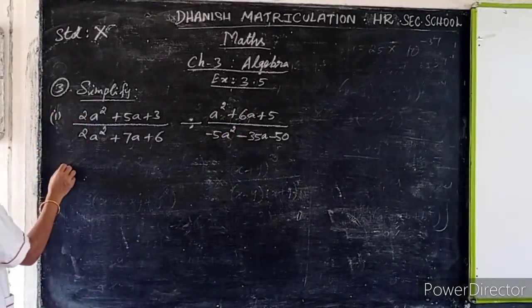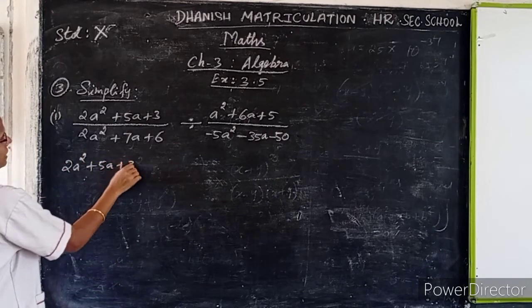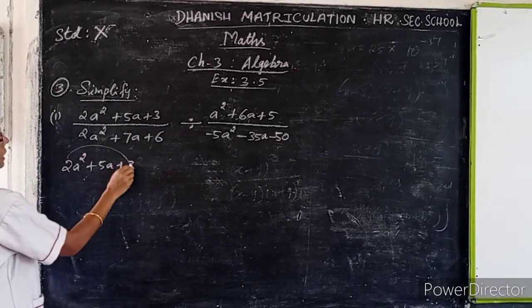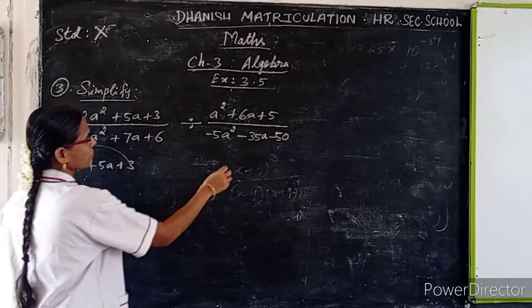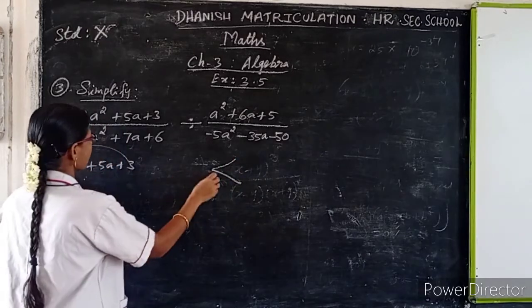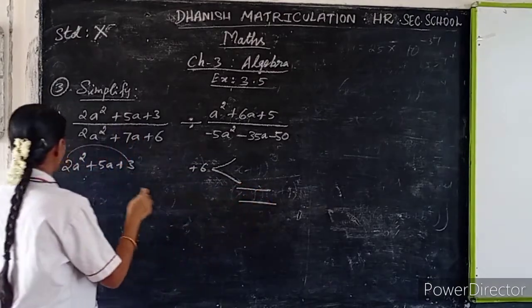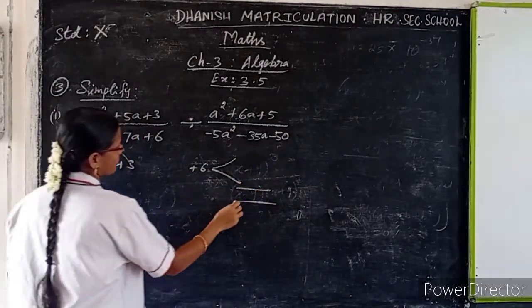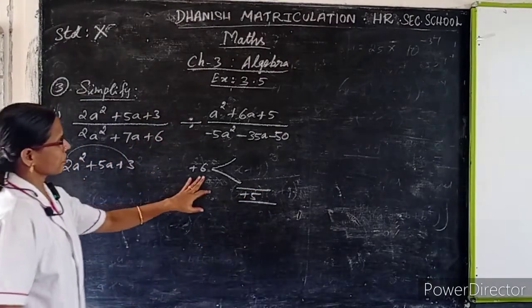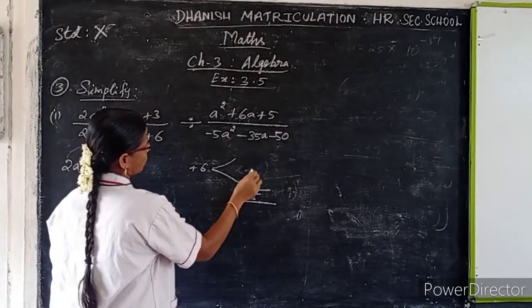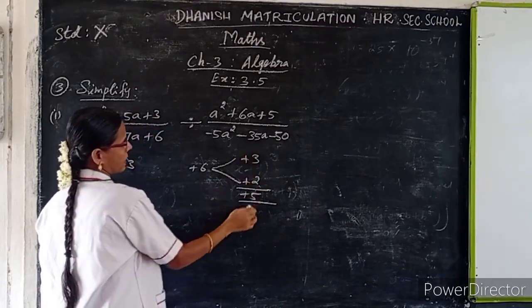So first, the constant term: 2 3s are 6. Here the coefficient of a is plus 5. Factors: 2 3s are 6, 3 plus 2 is plus 5.